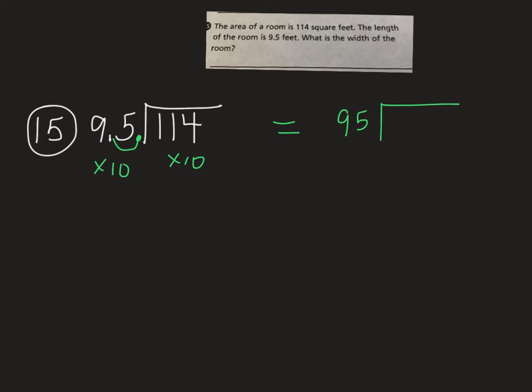You might be thinking, but there's no decimal. Sure there is. The decimal is always to the right of the ones place. 114 times 10 means everything moves over to the left one. So now there's a 0. 114 times 10, 1,140.